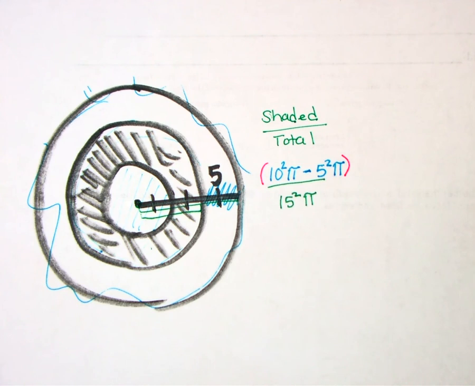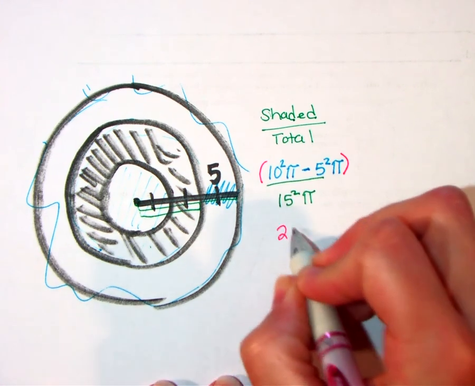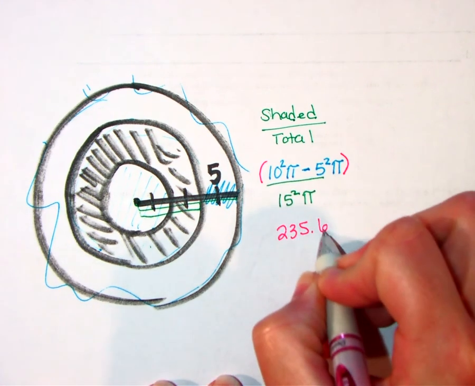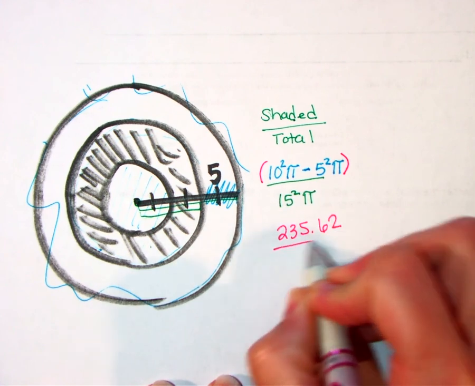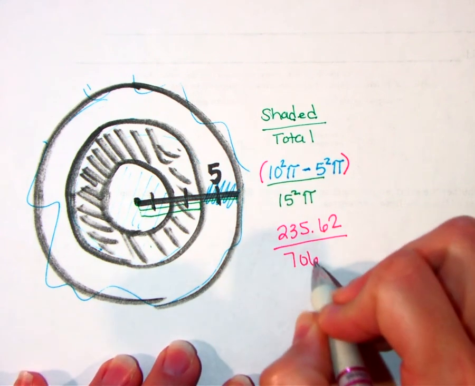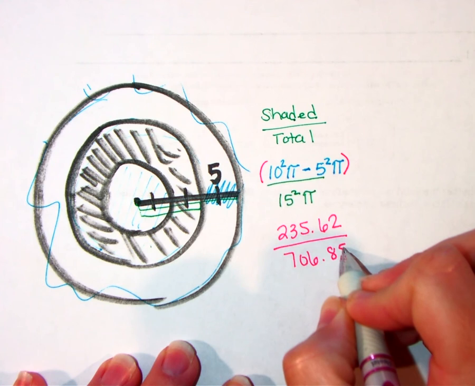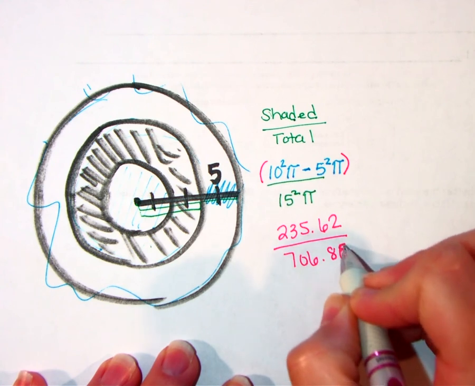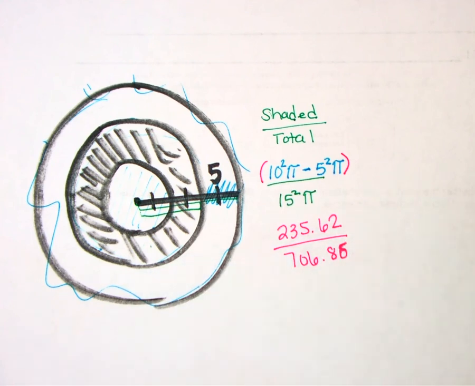Okay, so again, you can put the top part in parentheses and just type the whole thing into your calculator. So that's 235.62 on the top. If you're just typing it in piece by piece, 86, round that up, 86.